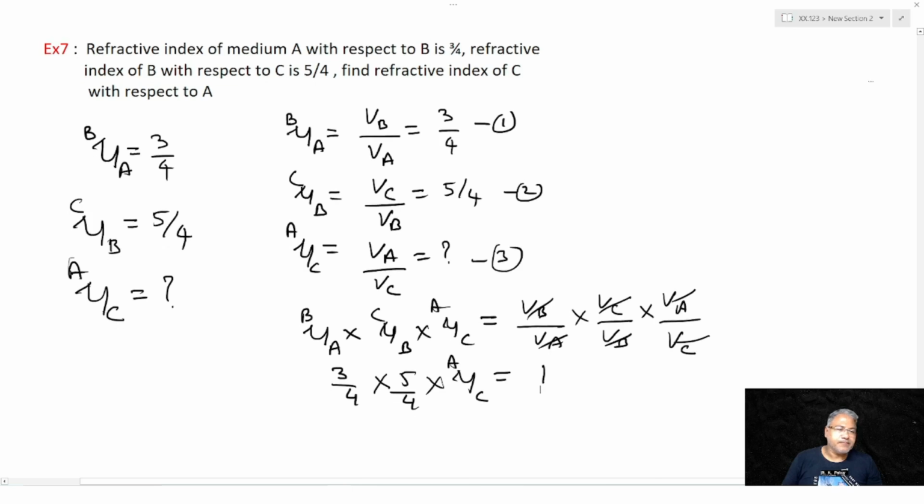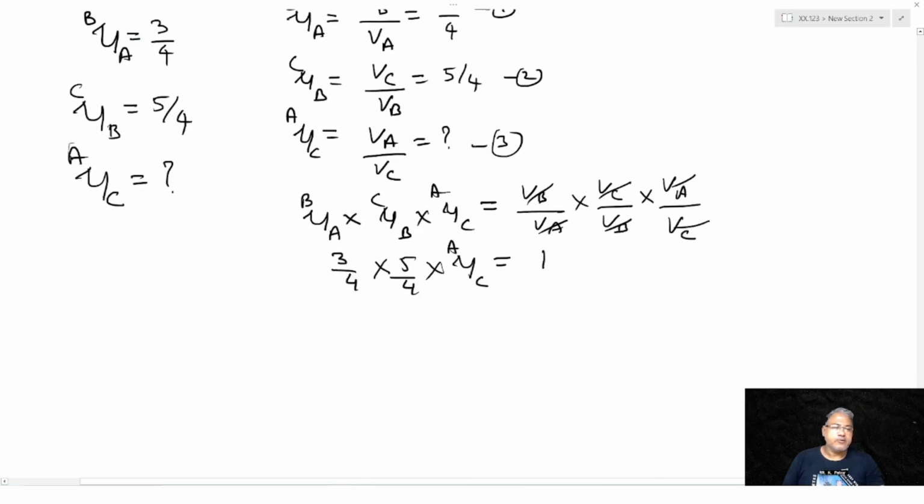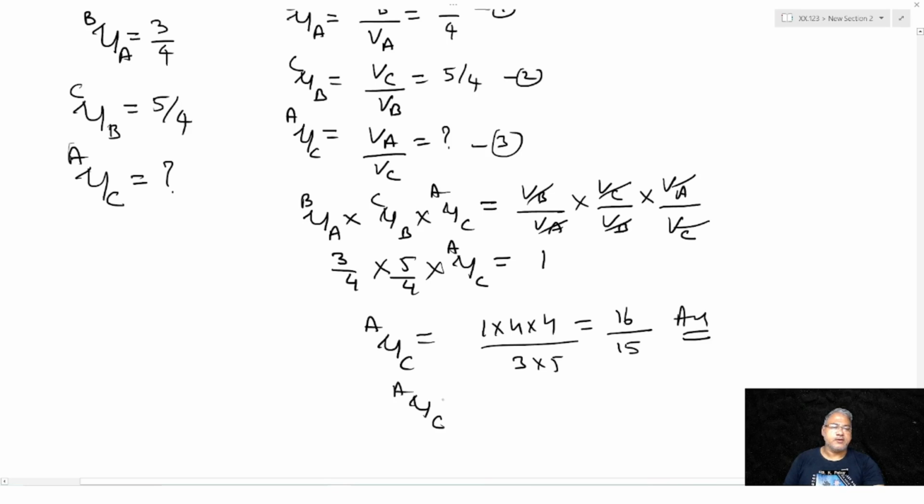Further simplifying, the refractive index of C with respect to A equals 1 into 4 into 4 divided by 3 into 5, that is 16 upon 15. This is the required solution. Further you can simplify it to 1.06.